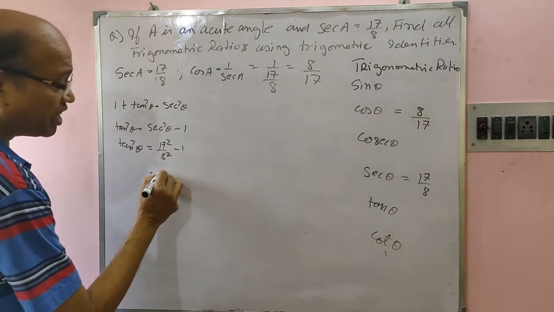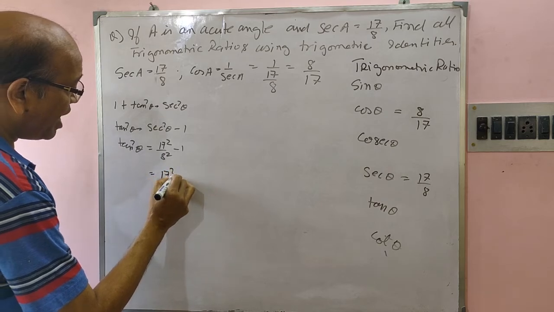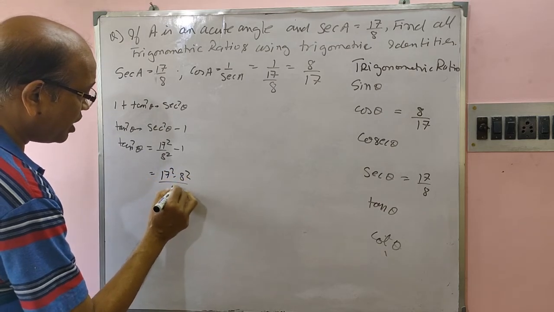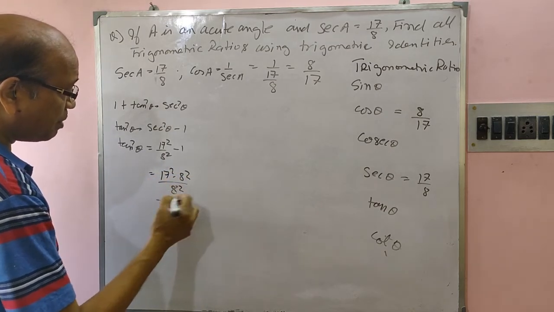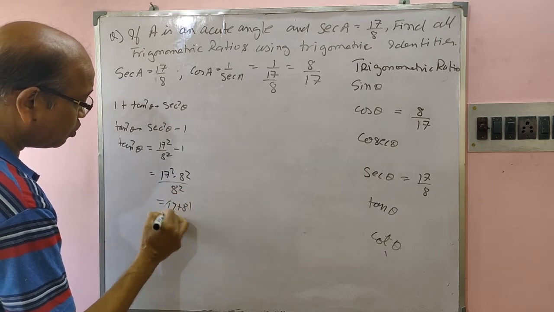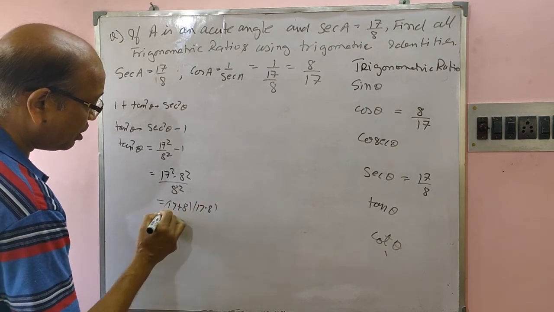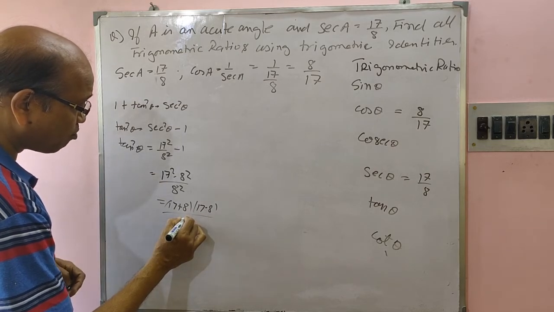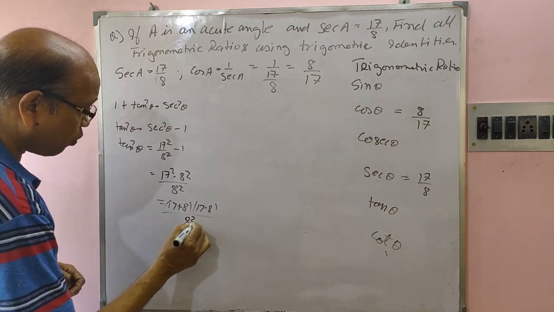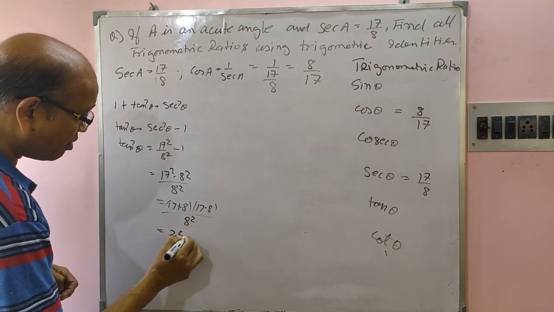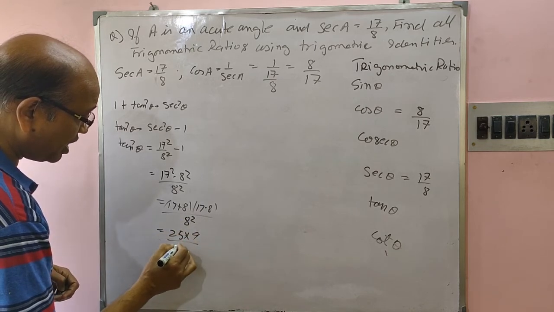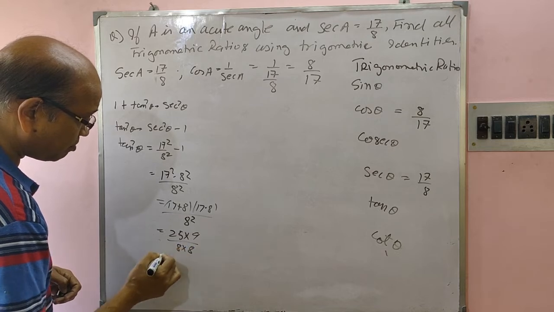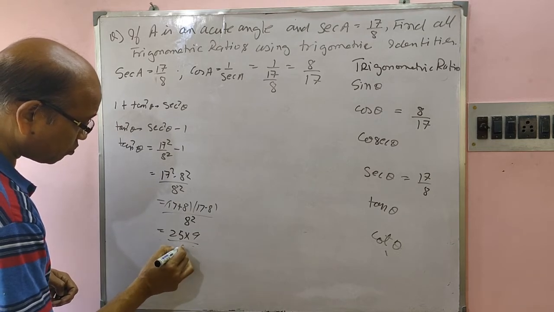What is 17 square? Not required. I can do it this way: 17 plus 8 into 17 minus 8, if you do not know the squares of 17, over 8 square. So what I get is 25 into 9 by 8 square.